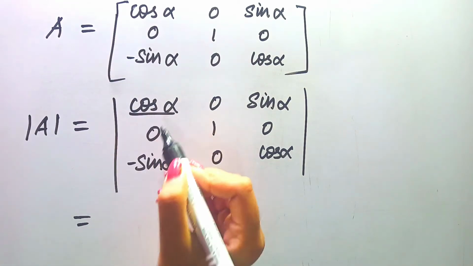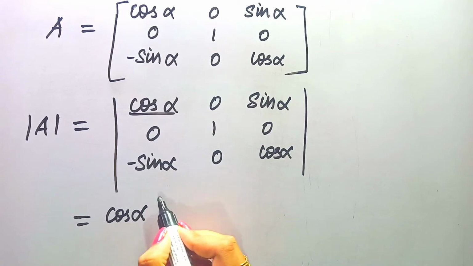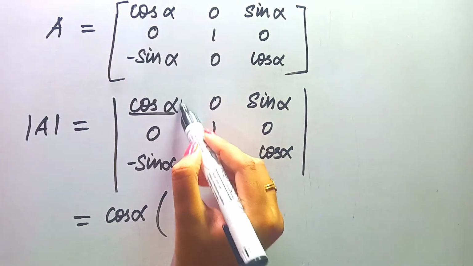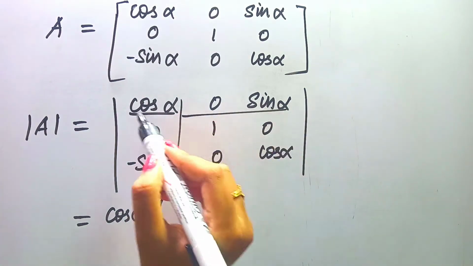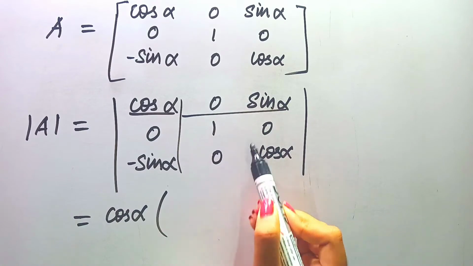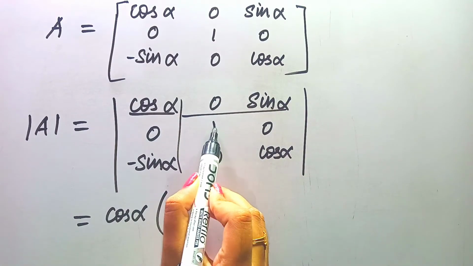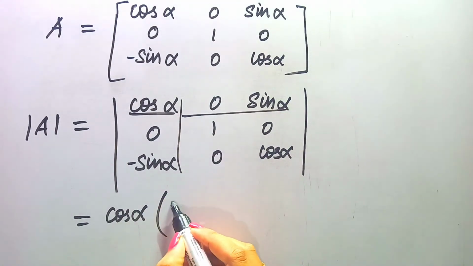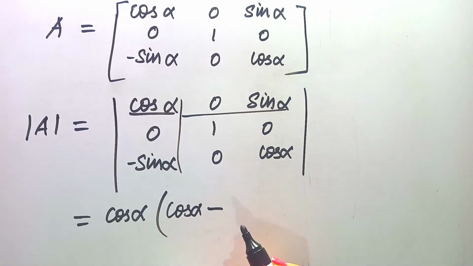So first you have to take the cos alpha. So cos alpha into, here we have to cancel both the horizontal and vertical values, so that we'll get 1 0 and 0 cos alpha. So first you multiply 1 into cos alpha, so cos alpha, then you put a minus sign here, and then 0 into 0 will be 0.